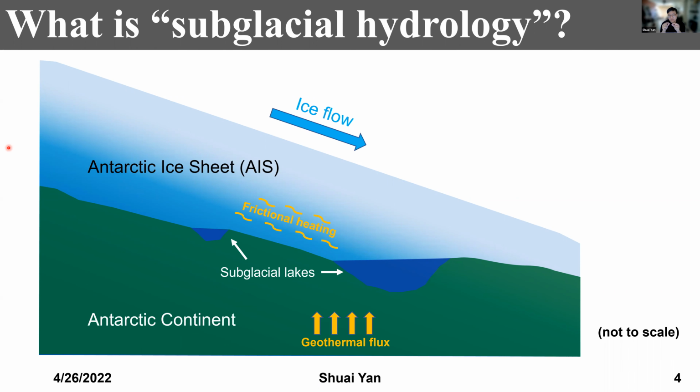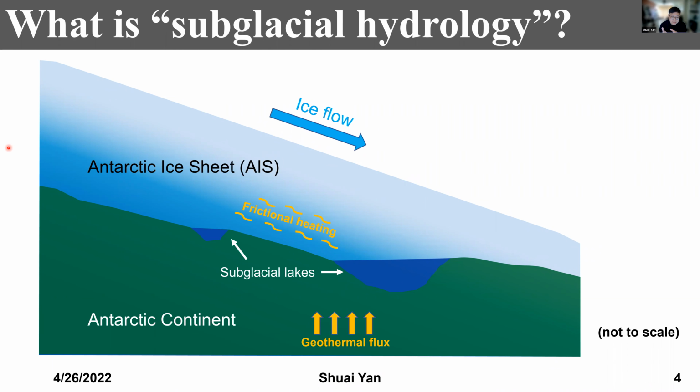But if you zoom into the interface between the ice sheet and the bedrock, in certain locations, you will see a layer of water. And they are there for a couple of reasons. First, of course, you have this geothermal flux, the heat coming out from the bedrock. And there's a frictional heat due to the flow of the ice sheet.